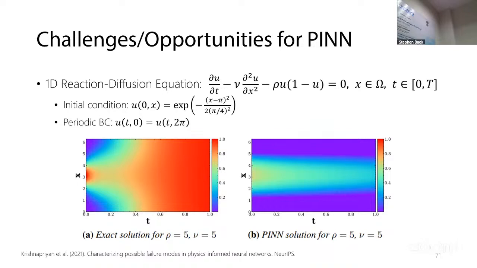Again, this one is a slightly more complicated equation compared to the previous one. For the exact solution over here, this is the expected physical behavior of the system. But if you look at the PINN solution, we're far from exact.